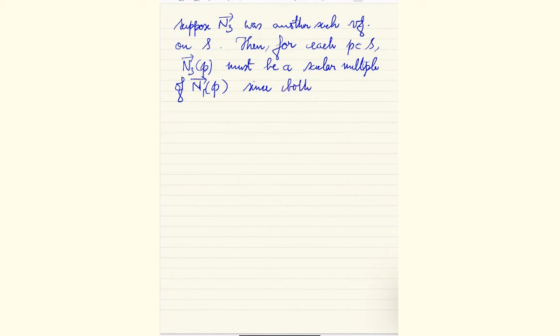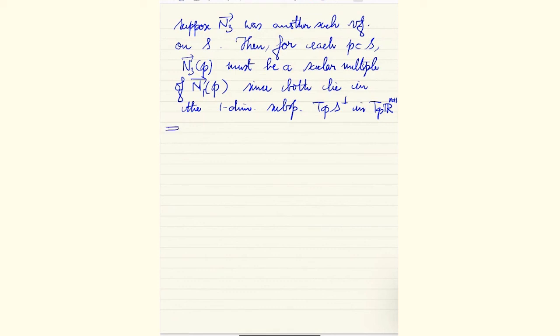Why? Because in this codimension one situation, both lie in the one dimensional subspace, which is the orthogonal complement of n1 in T_p R^(n+1), but that is just R^(n+1). When you say orthogonal to something, we have to say where. So for each p, we get a scalar. As you vary over points, you get a function.